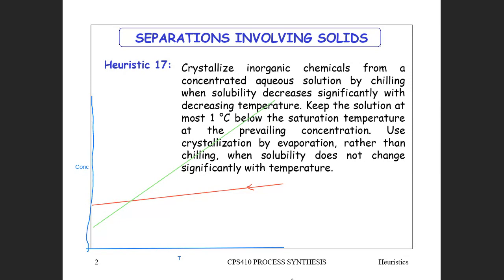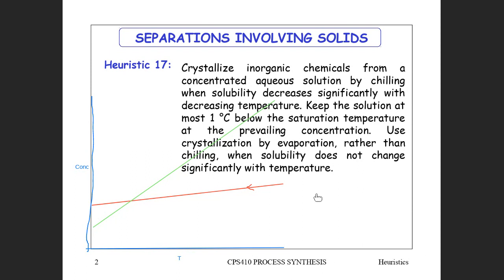If the driving force is not high, it'll prefer to add to an existing crystal, and therefore you'll get bigger crystals. Okay, that's why we stay about 1 degree Celsius below the saturation temperature. Exactly. Okay, thank you very much.